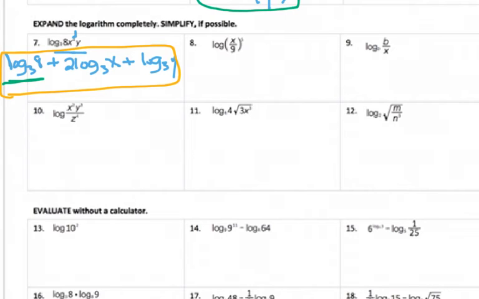I wanted to do one of the ones also with, for instance, the square root problem. So let's see, either 11 or 12. I guess I'll do 11. And if you'll notice, this is log base 4 of 4 times the square root of 3x to the 3rd. So the first thing I would do is rewrite this as log of 3x cubed to the 1/2 power. Remember that from the radical chapter?